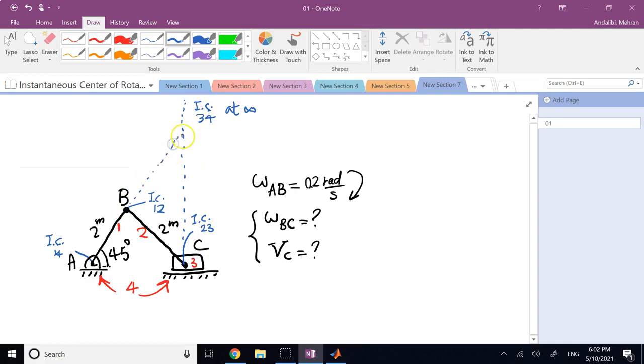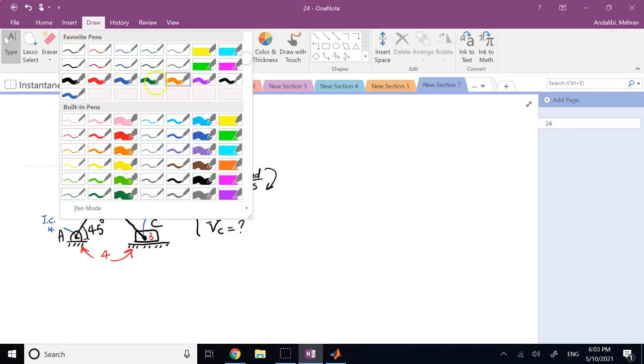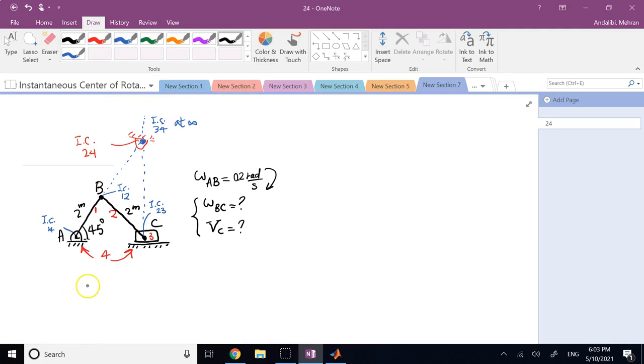So wherever these two intersect here, I say this is a temporary pinpoint. Remember, it's not a permanent pinpoint. And this is going to be IC of 2 with respect to 4. And this is enough to give me the 2 answers I'm looking for. I can give this point a name too. I can call it E or D if you want.